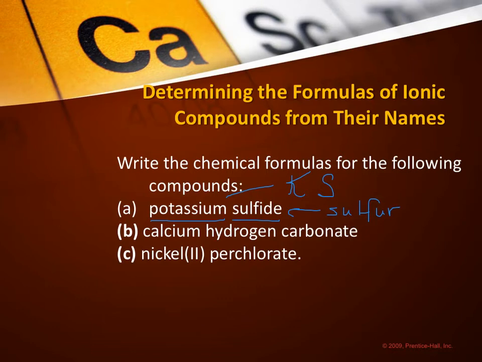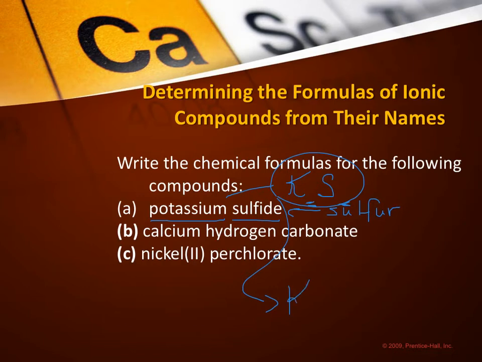Now, how do we know what the subscripts might be for potassium and sulfur? If you wrote your formula as simply KS, then you got maybe 50% of it right, so that's a good start. But you have to know the charges of the cation and anion in order to know how many of each you need.